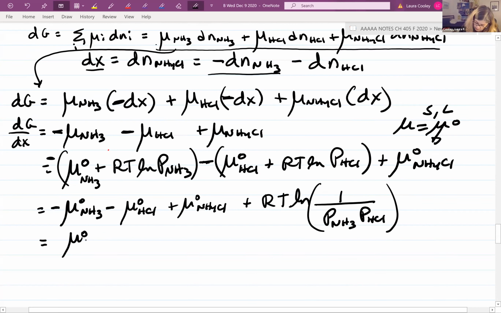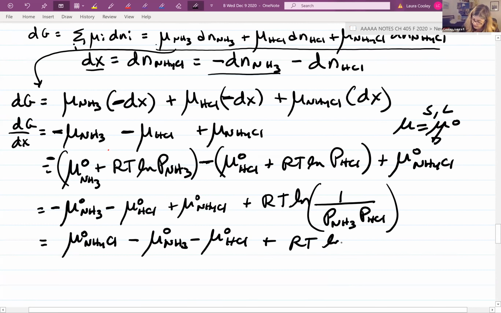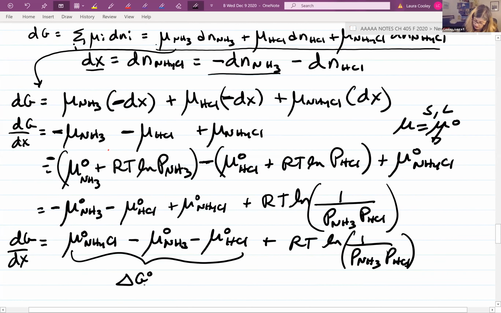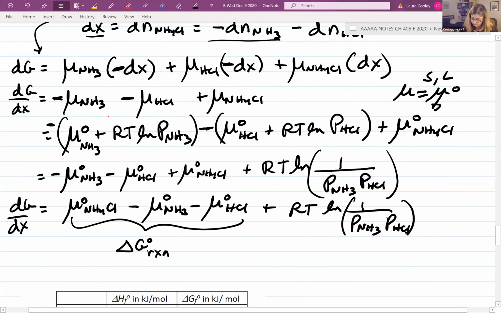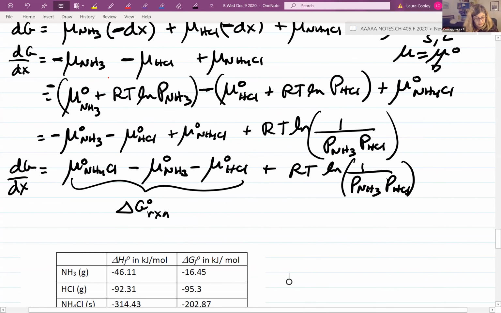So this is mu 0 of the product ammonium chloride minus mu 0 of each of the two reactants, plus RT log of 1 over PNH3 PHCl. Again, that is delta G0 for the reaction. And so this is the DPE. This is the QP.